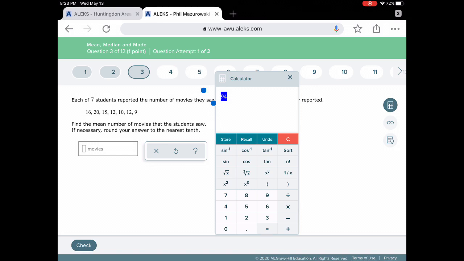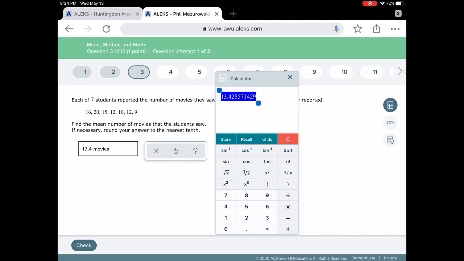If not, it's not a big deal, we'd have to count them. We're going to take that 94 divided by 7, and we get 13.428 and so on. They say round your answer to the nearest tenth, so we're going to make that 13.4. The tenth is 1 digit to the right of the decimal, and that 2 right after the 4 says let's just keep it a 4.